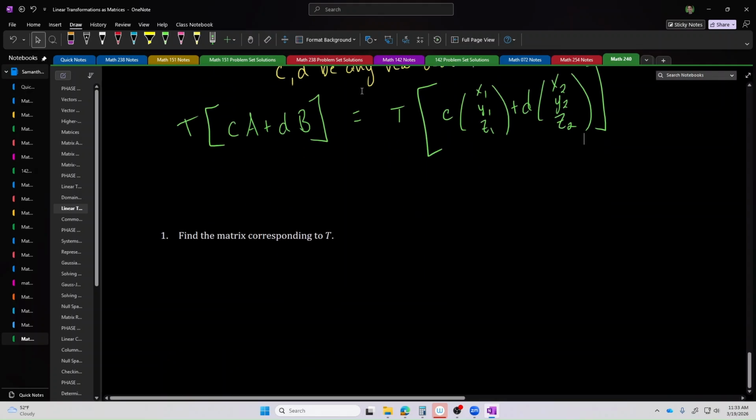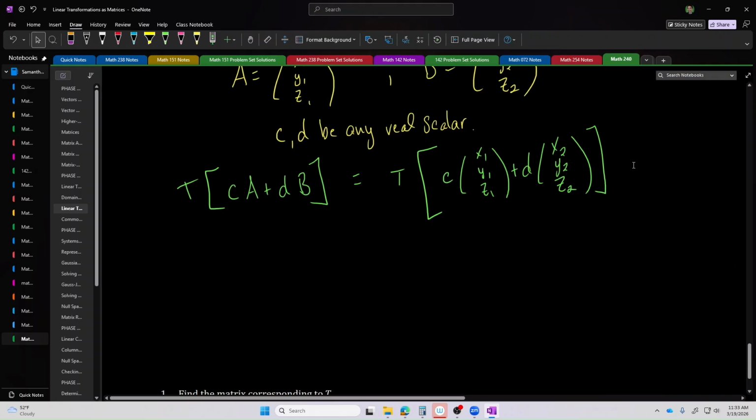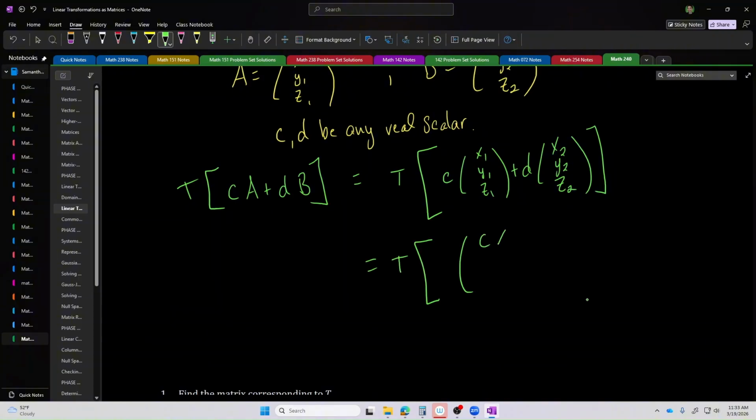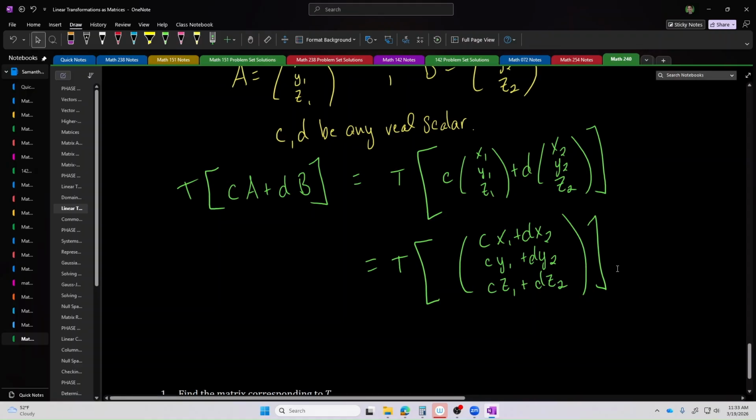Now, following PEMDAS, working from the inside out, the first thing that I would do is the scaling and the addition on these inputs inside of the function T. So this would give me, after simplification, cx1 plus dx2, cy1 plus dy2, and cz1 plus dz2. This would be the combination of the inputs.